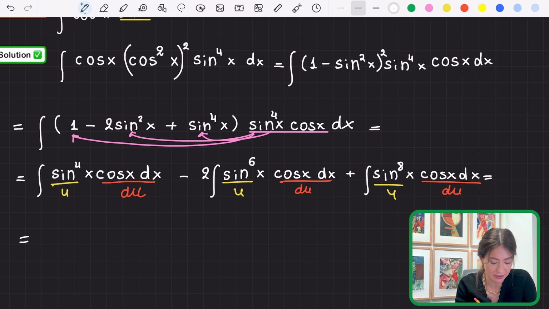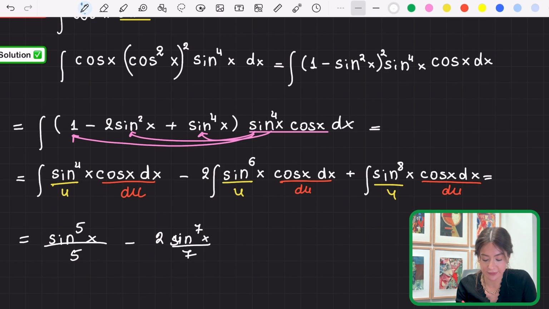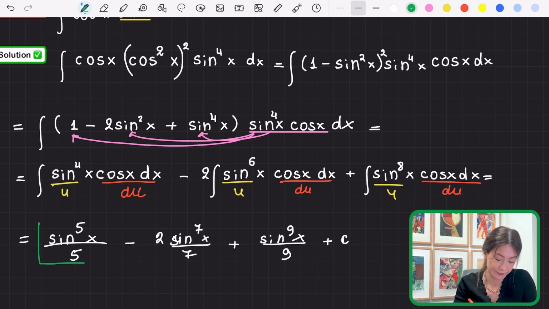So maybe you skip the u sub and you just write the answer. You treat sine as if it was u, and you just treat it as power rule, because you have u raised to the fourth du. So increase power by 1 over 5, minus 2 sine raised to the 7th over 7, plus sine raised to the 9th over 9. That's the final answer.